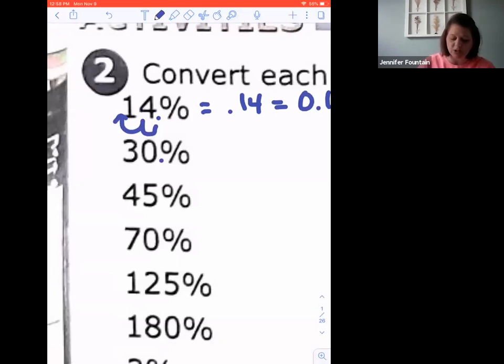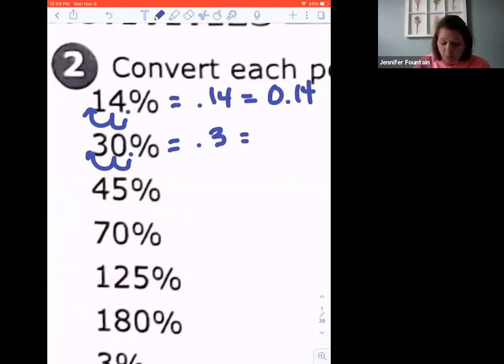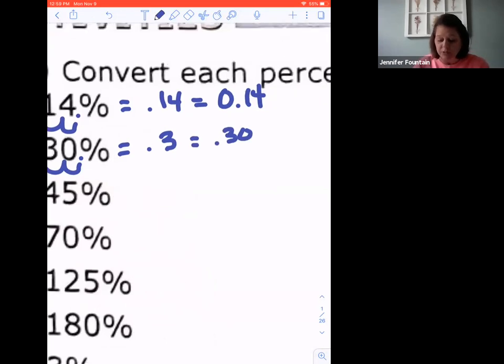Okay, so 30%, your decimal is after the 0, 2 places to the left. So 0.3. Now again, I can have 0.3 or I can have 0.30, which is the same.